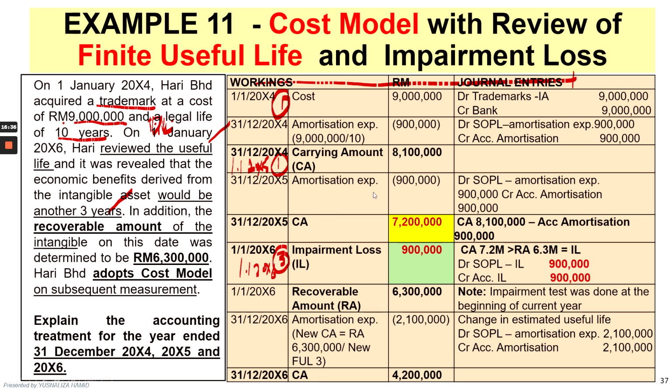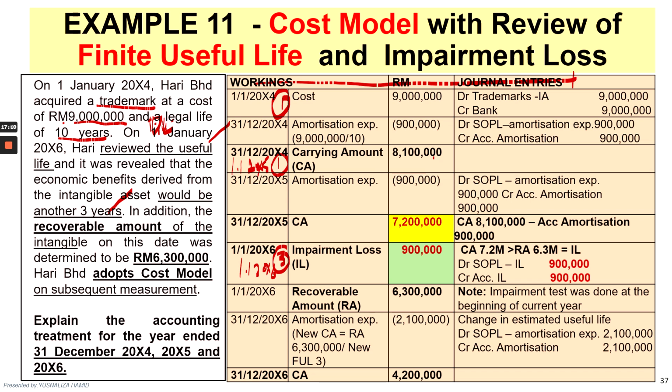Right, next is the amortization expense. So amortization expense, the second year, it was 900,000. If you look at the journal entry, you debit the amortization expense 900,000, credit accumulated amortization 900,000. So the carrying amount will be 7.2 million, which is the previous year carrying amount minus the current year amortization.